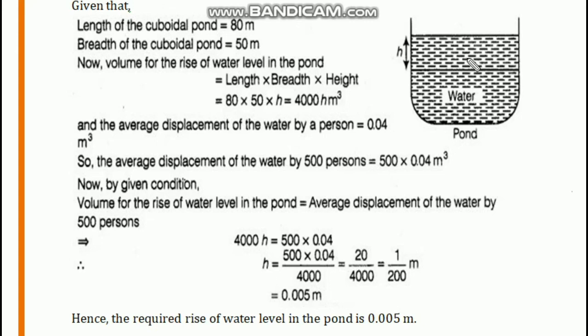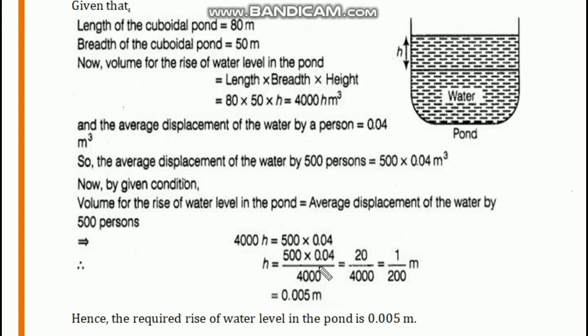Keep in mind, the volume of water level raised in the pond is equal to the average displacement of the water by 500 persons. Already you know that if the displacement of one person is 0.04 meter cube, then for 500 persons the water level will automatically increase.